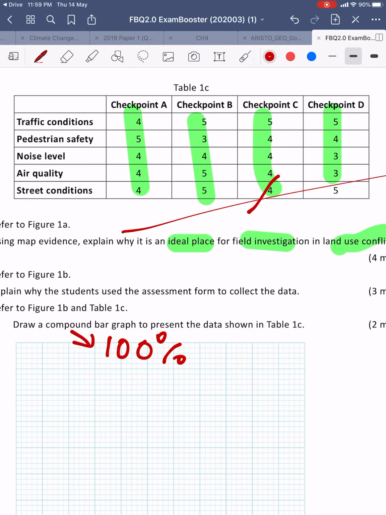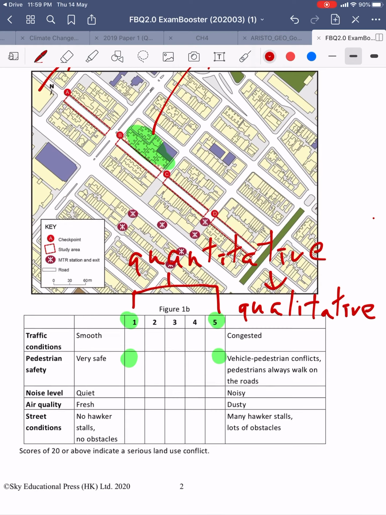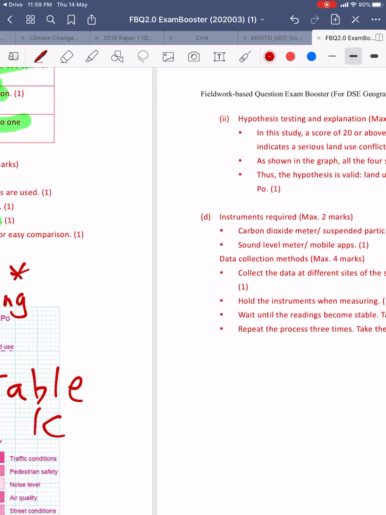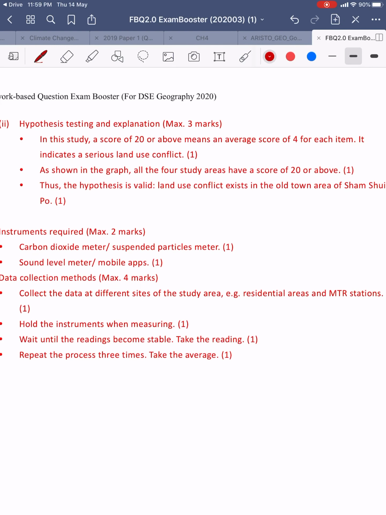Street condition is not too good, and there are many hawkers. So how do we describe this type of data? We have to use the score, and point out the score. Since the study area next to the central pole has a score of 20 or above, we tell that the hypothesis is valid.